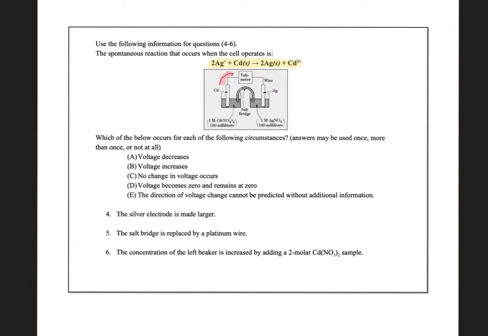Electrons go from the anode to the cathode, right? But here's the issue. When we picture electrons going from left to right, that does not mean if we increase things over here, the reaction shifts right, or if we increase over here, the reaction shifts left. That is not true because both sides of this cell have reactants and products.